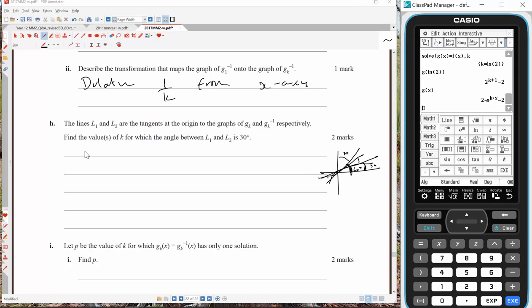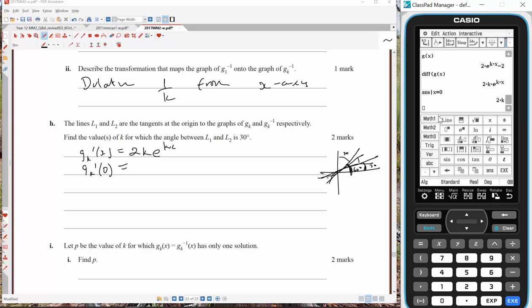So what I'm going to do is find gk dash x, which is 2k e to the kx. Then gk dash 0: let's put 0 into the derivative to find the gradient of the tangent at that point.